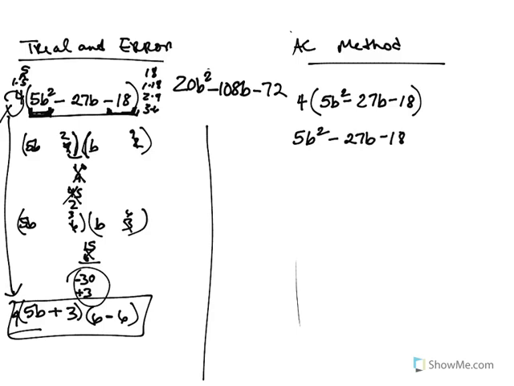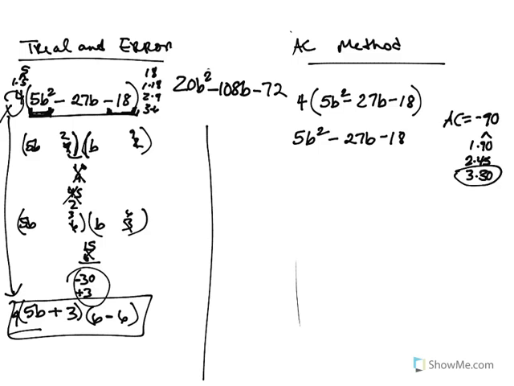In this method, which I'm going to call our method because it's the method I want you to use, we would do A times C. In this case, A times C is negative 90. So I'm looking for factors of 90 that'll create a 27 for me. 3 and 30.